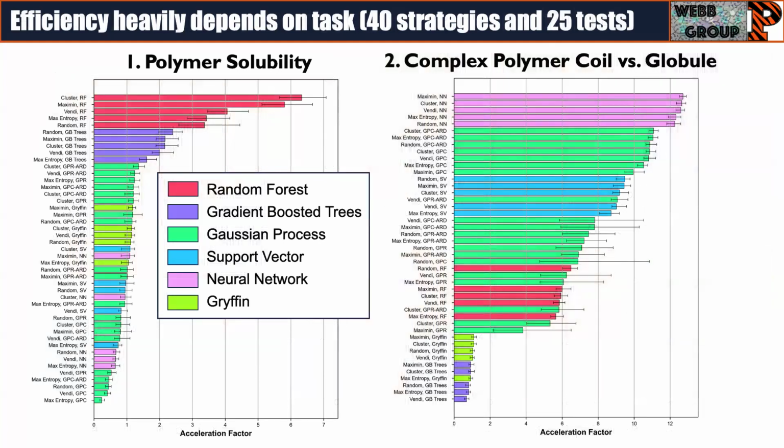So ultimately, this is a robust study, I'll say, where we look at 40 different strategies, 25 different tests. Here are just two that have something to do with polymers. Many of them are other elements of material science that we could pull from the literature. So this is a combination of data that we've generated over the years, as well as other data sets that we think roughly thread the needle as to what is a relevant classification task that we might care about.